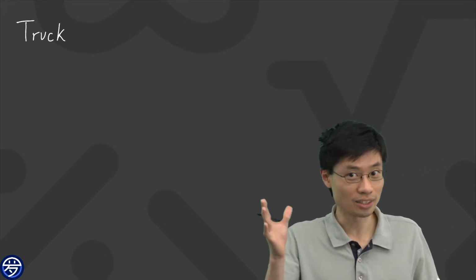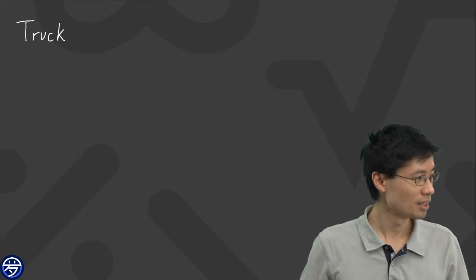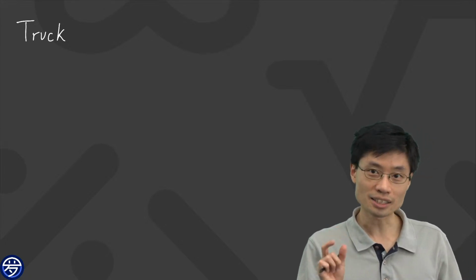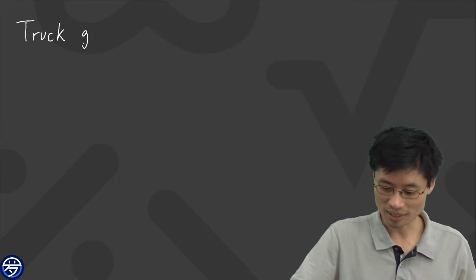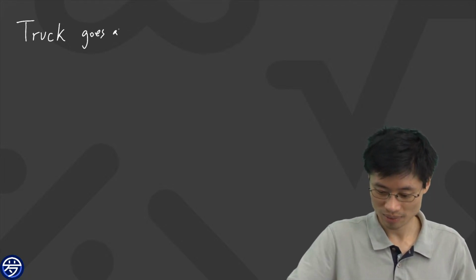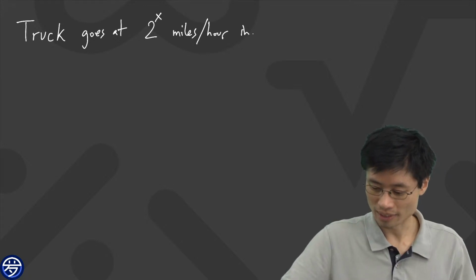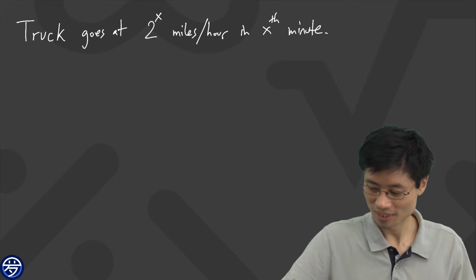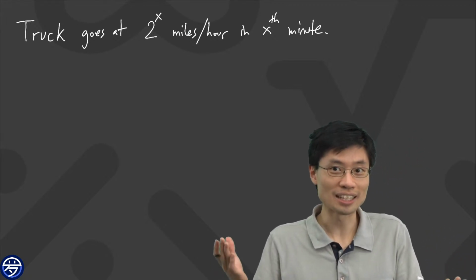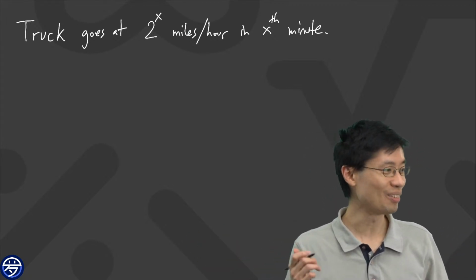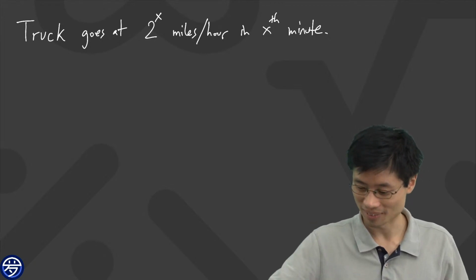And this truck I consider magic because in the xth minute, the truck goes at 2 to the power x miles per hour in the xth minute. And how far does it go in 1 hour? So how many miles in 1 hour?